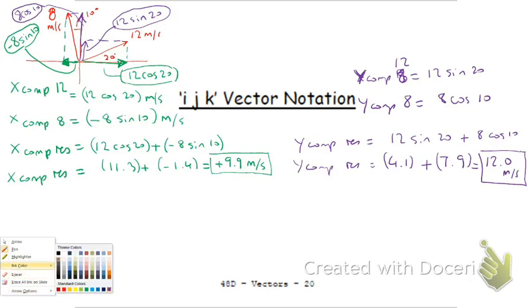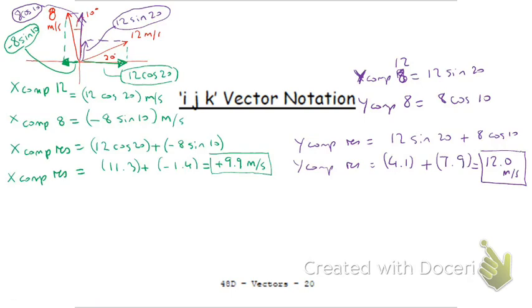Change color pens. If I do my vector diagram, that's my resultant. Agreed? There's my x component of my resultant, there's my y component of my resultant. That's what I just worked out.